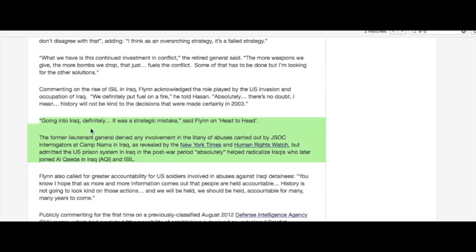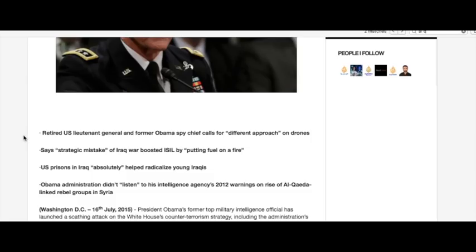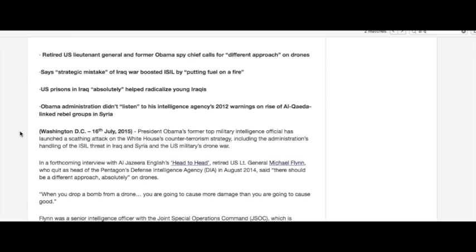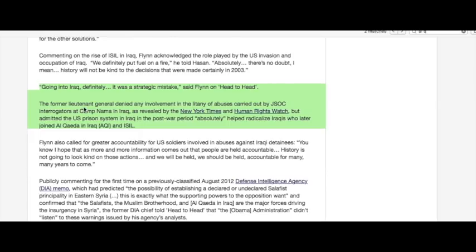And we can look over here at this article in Al Jazeera, where Flynn talked about how everything that the U.S. is doing is helping to radicalize Iraqis and helping to strengthen Al-Qaeda, and ISIL, ISIS, all this stuff, right? So in other words, Flynn was being honest about what was going on with ISIS, and probably he wasn't even saying as much as he wanted to.